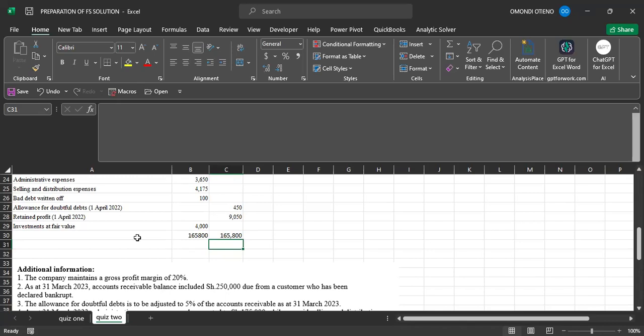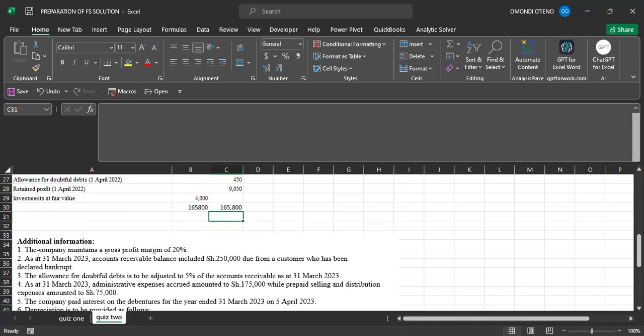Good. Now, let's look at this. The first thing, we are told that the company maintains a gross profit margin of 20%. As at 31st of March 2023, accounts receivable balance included 250 due from a customer who has been declared bankrupt.